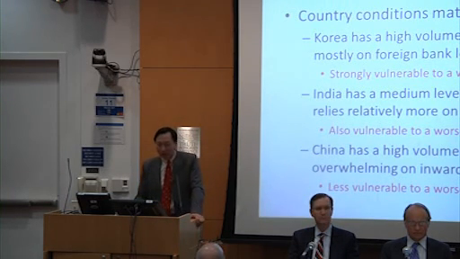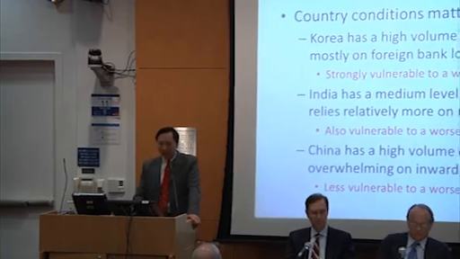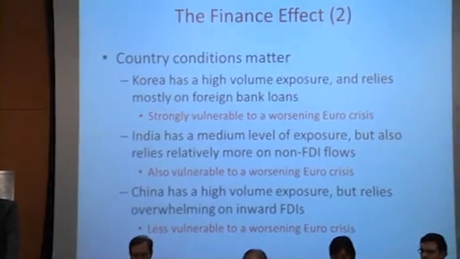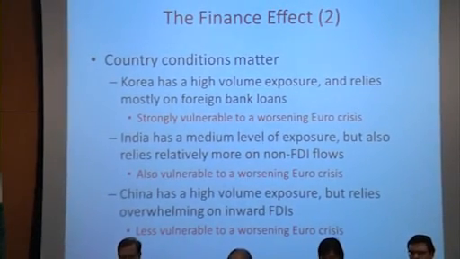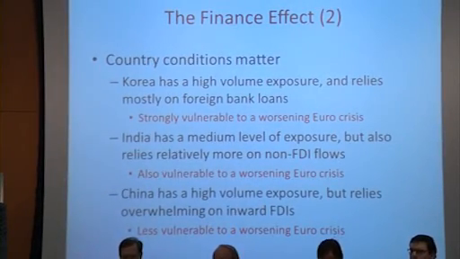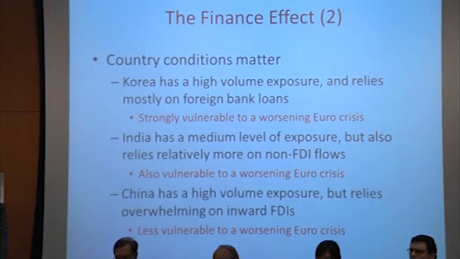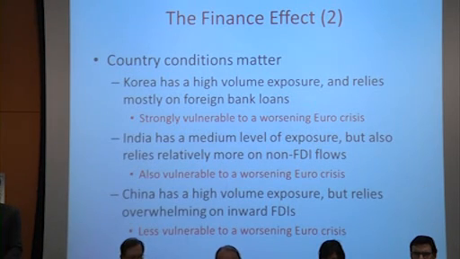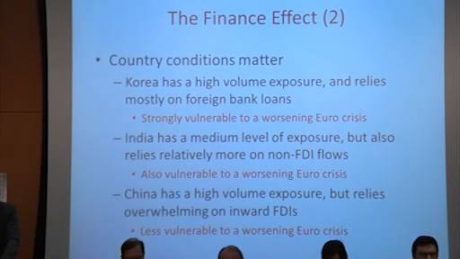So again, country conditions matter. As I just said, Korea has high volume exposure and relies relatively more on foreign bank flows, which makes it particularly vulnerable to the financial channel of foreign contraction. India has medium-level exposure, but also relies relatively more on non-FDI flows, which makes it somewhat vulnerable to a further worsening of the euro crisis.